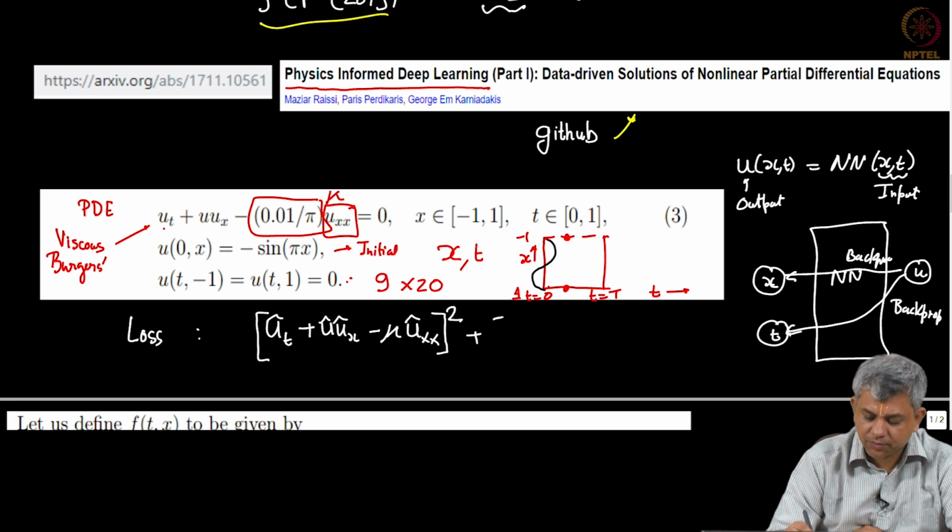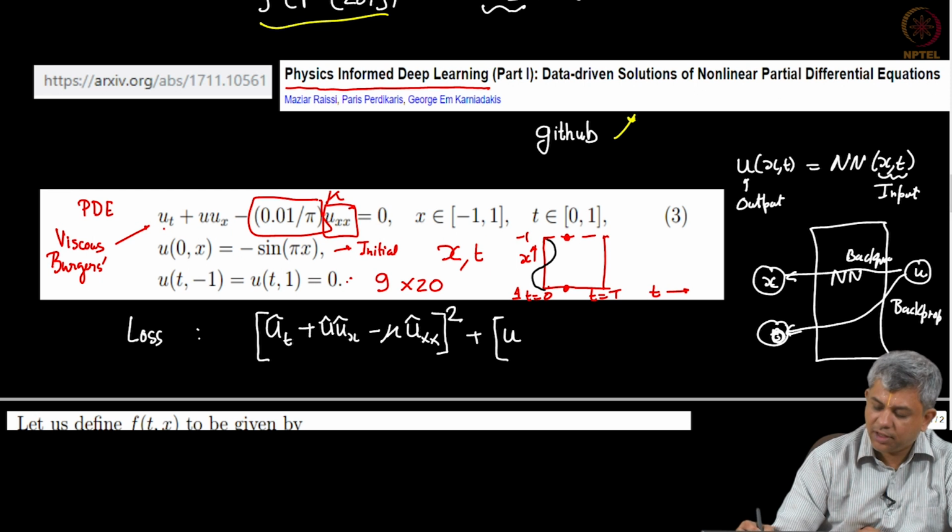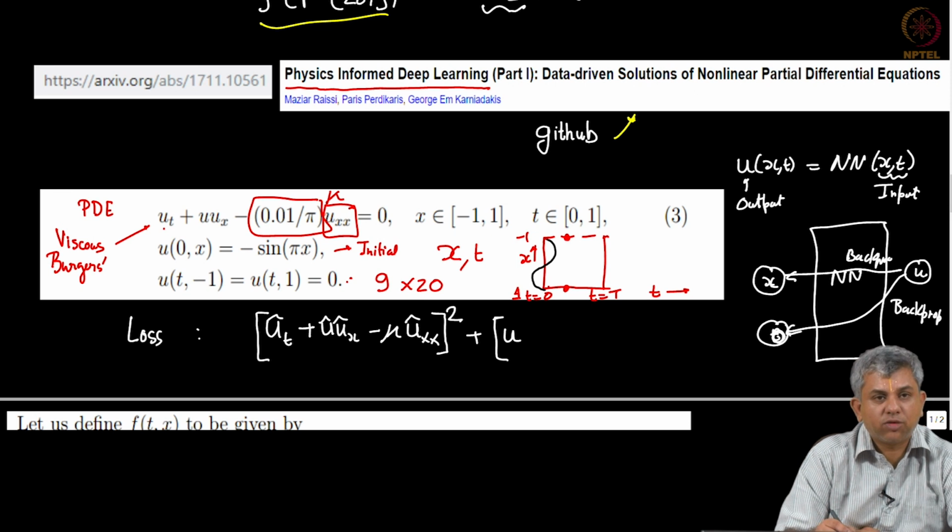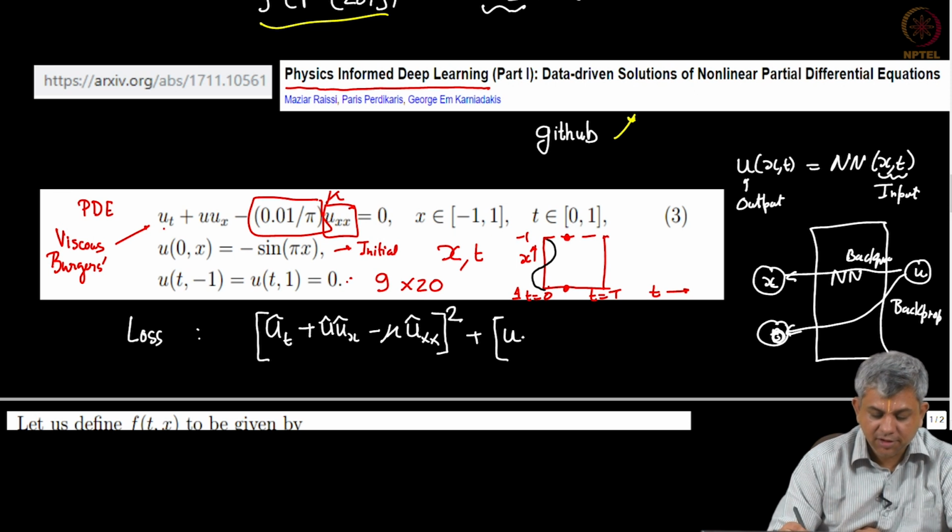Now, the other condition is when I set t equal to 0 and x is x, this function should become minus sin pi x. Again u hat might not satisfy it. So, I will say u hat(x, 0) plus sin pi x, squared.